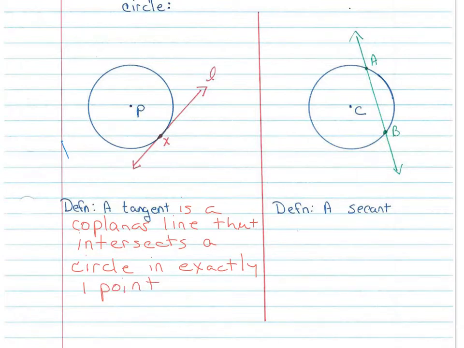In our given circle, the line L is tangent to the circle P at point X, and we call that point X our point of tangency.